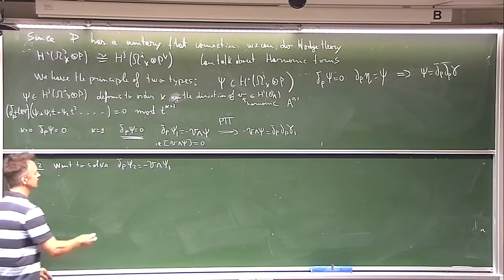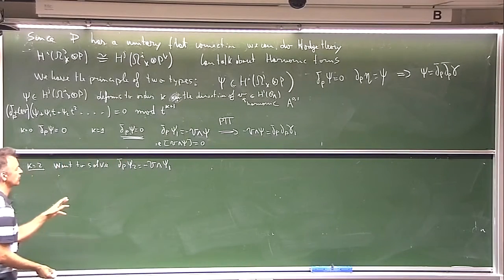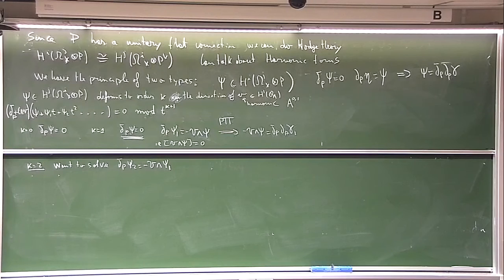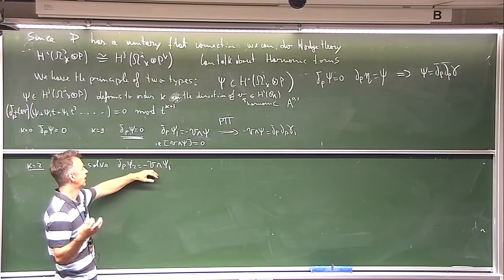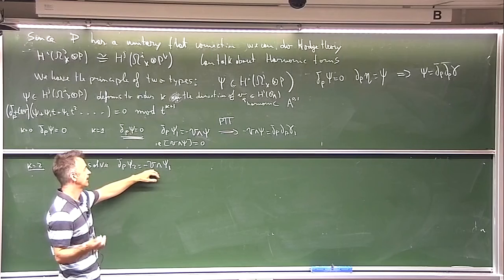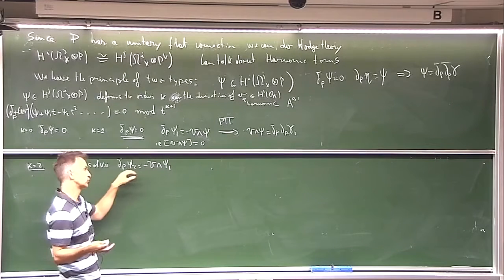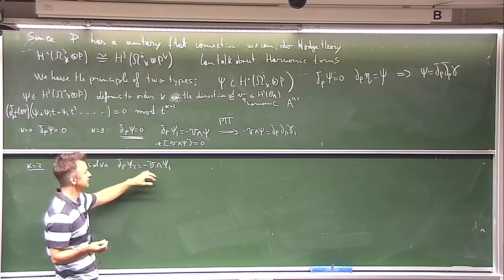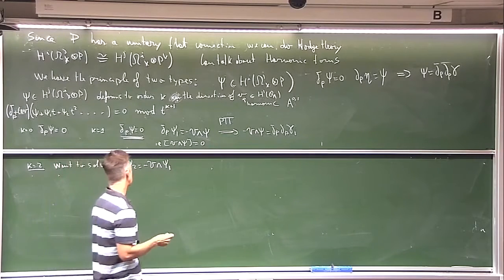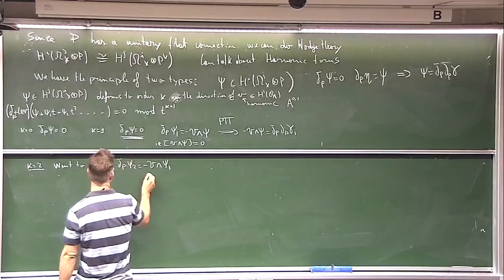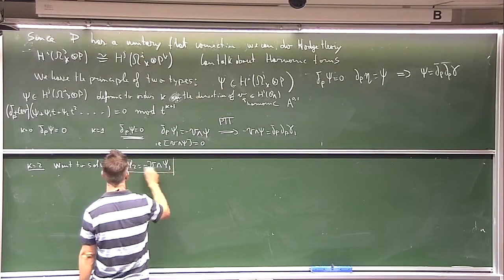And I know that the way I'm going to succeed is if I can use the principle of two types again. So if I can deduce that this is del bar exact and del closed, or maybe del exact and del bar closed, I use the principle of two types and win. So this is my dream.